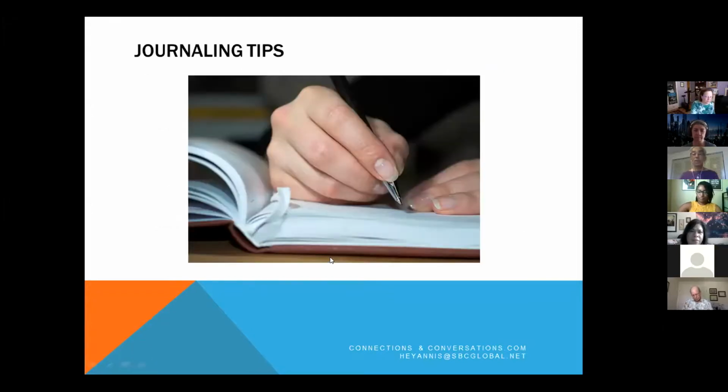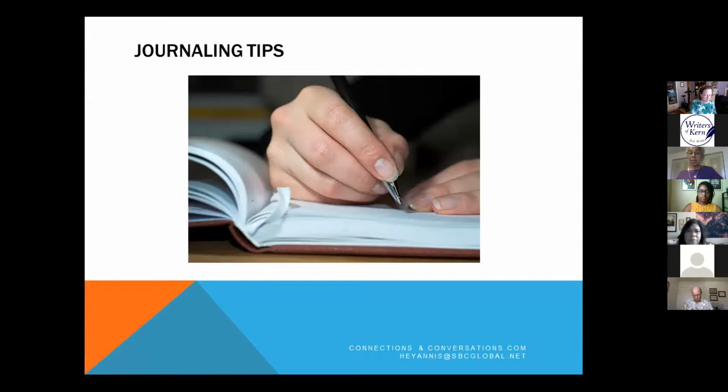So now a few journaling tips. And again, these are not rules, but they're just tips for how you can enhance your journaling experience and get the most out of it. So one is use lots of detail. And by that, I mean sensory detail. It's like any other writing.